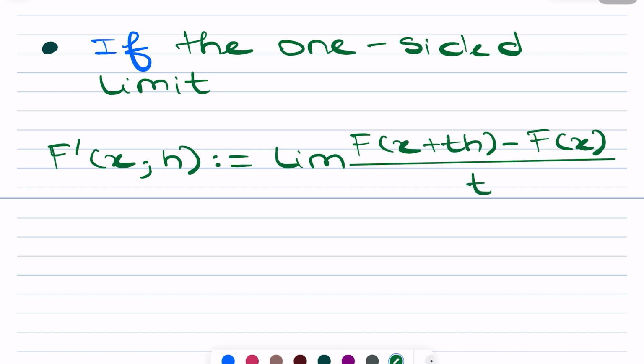So the limit when t approaches 0 from above, right? When t goes to 0, people will say 0 plus.